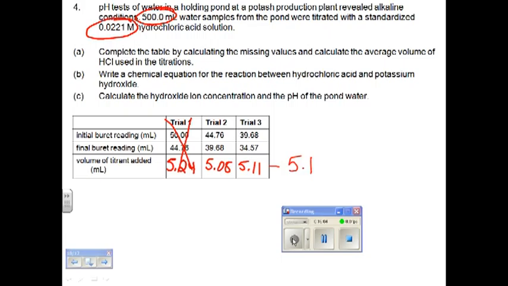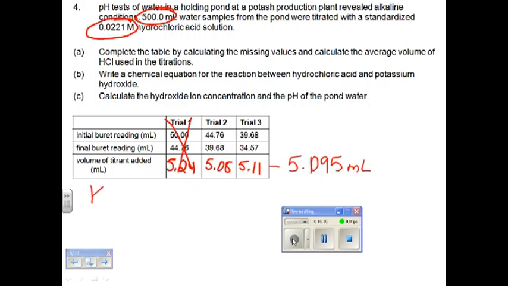It's 5.10 or 5.095. Yeah, we'll say 5.095 milliliters. Write a chemical equation for the reaction between hydrochloric acid and potassium hydroxide.